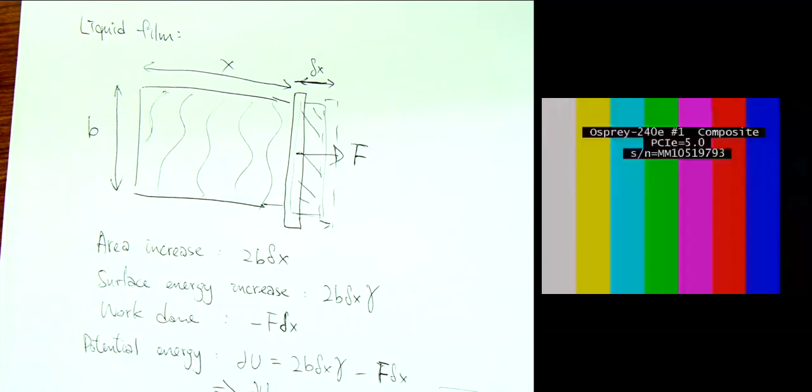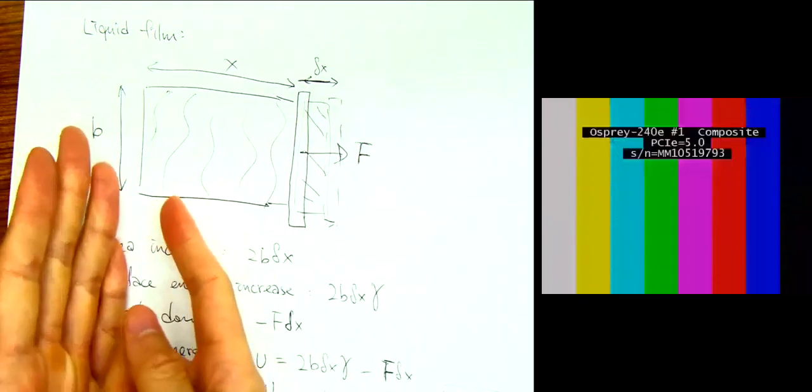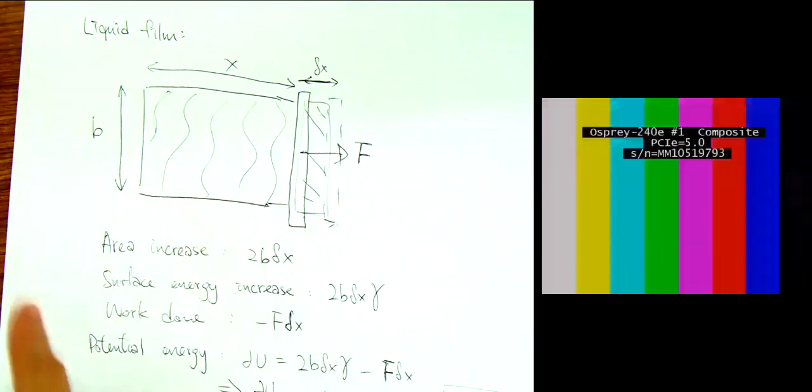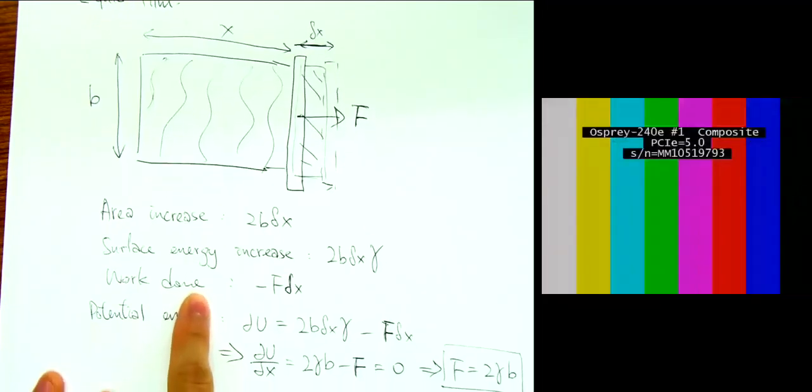So what you do is you heat it up. You do a similar experiment, not a film usually, right? That's very difficult for a solid. But you can pull out, for example, a cylindrical glass fiber, heat it up, and you start pulling it down. Assuming that the whole process is cylindrical, or you can measure the geometry, then you can keep track of the surface area change, and then you calculate the surface energy increase, and then you have a weight hanging down, that is the force.